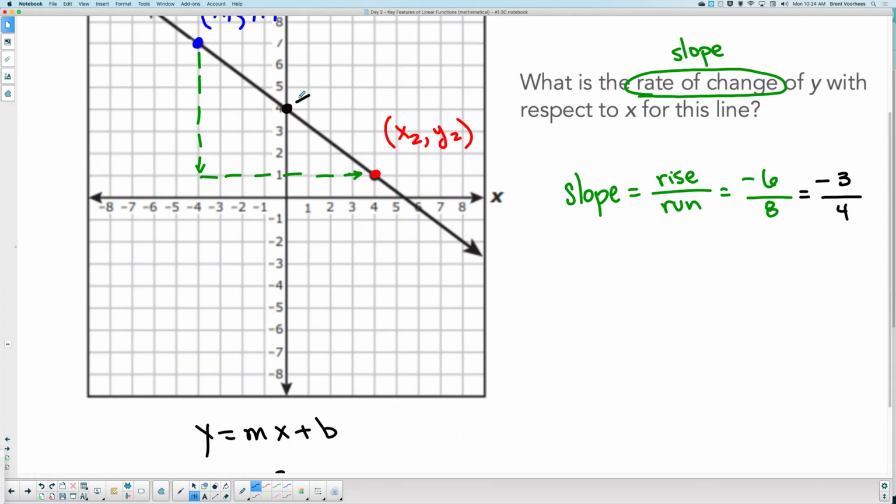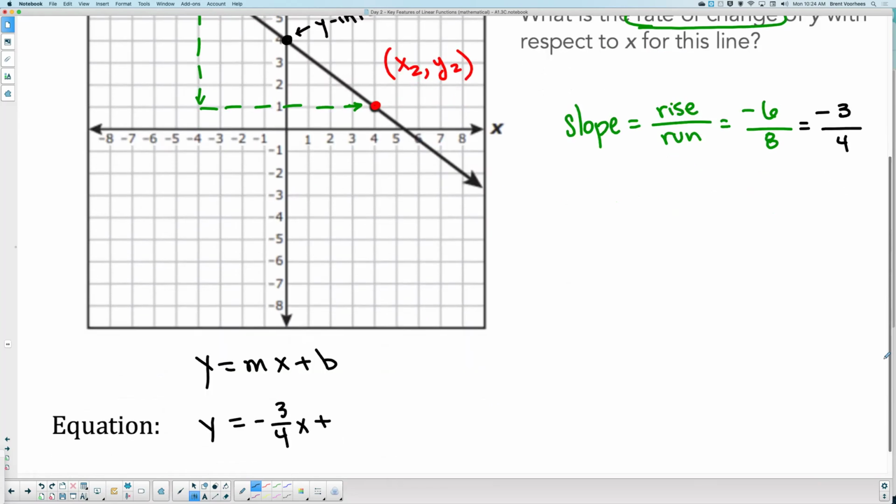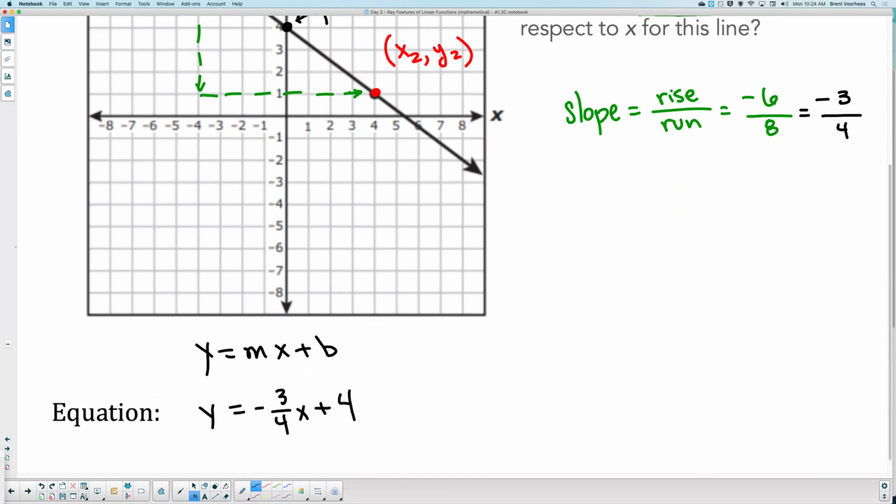That's our y-intercept. So it'd be plus 4. All right, with that, do you have any questions over this?